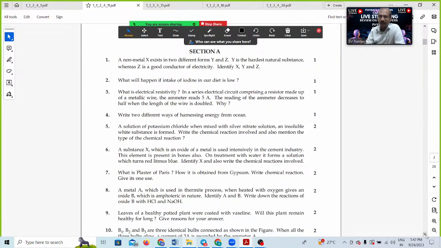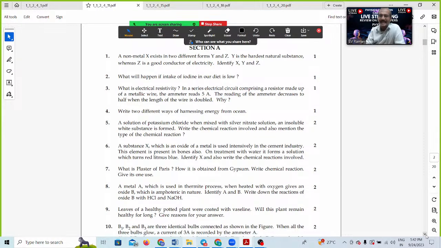Yes, the third question: What is electrical resistivity? Resistivity rho is equal to RA by L.